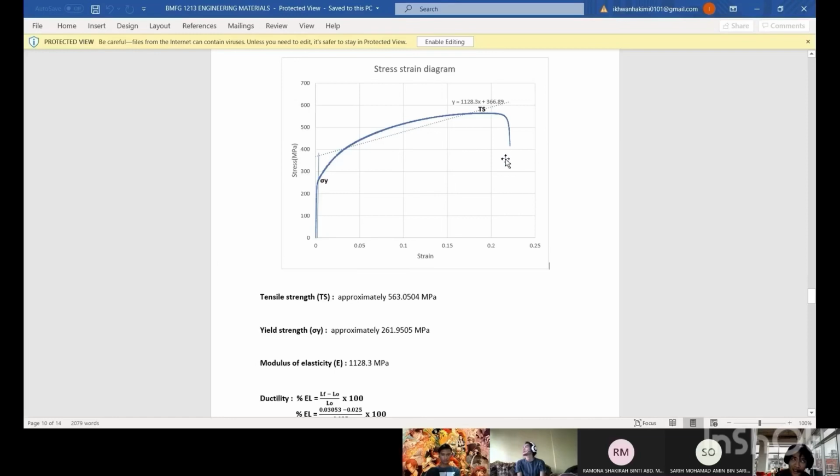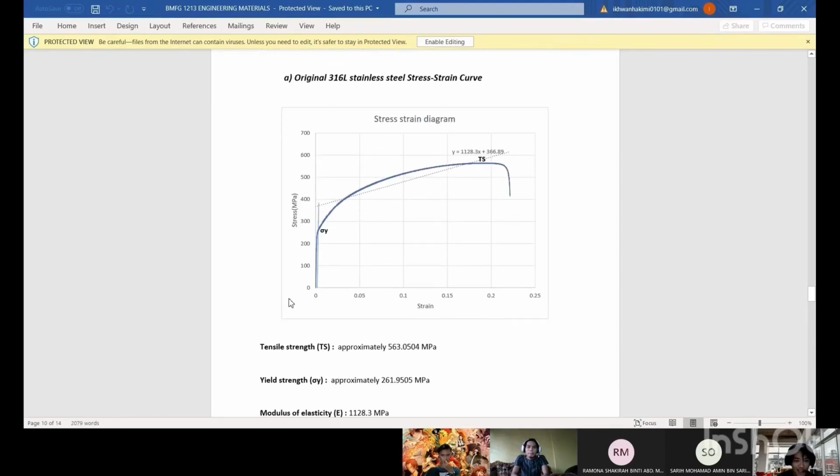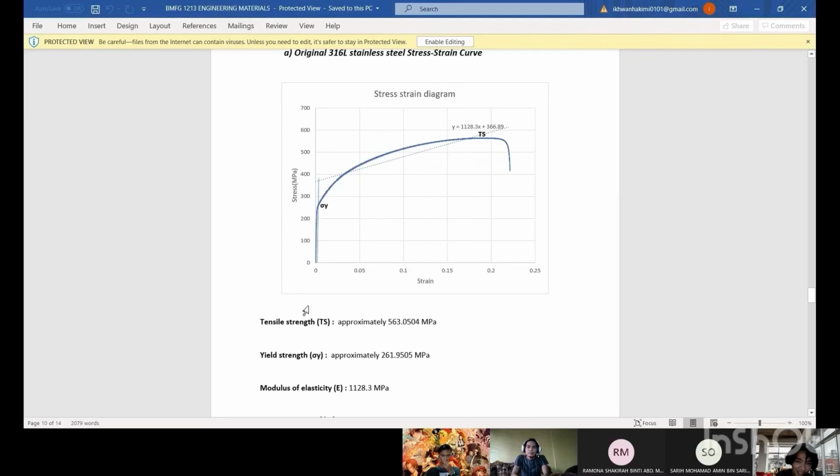So y equal to kx, where k is the gradient. So we will get the modulus of elasticity is 1128.3 megapascal.